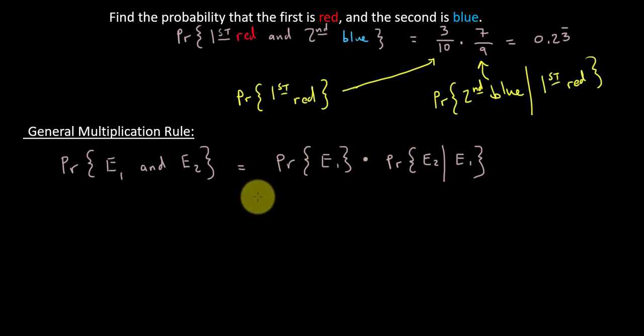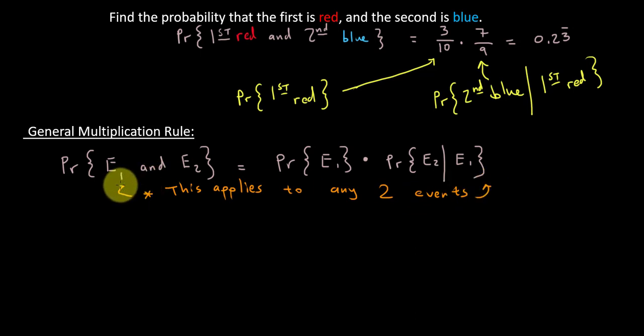There is a connection to independent events. Here, this applies to any two events. To any two events. However, there's a really cool connection if the events happen to be independent.